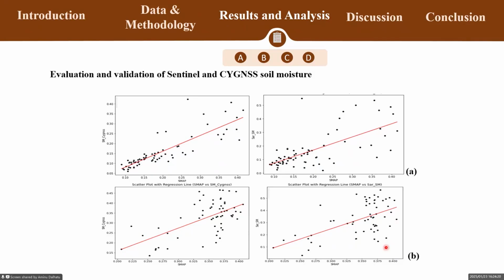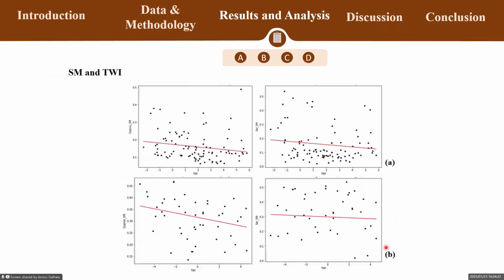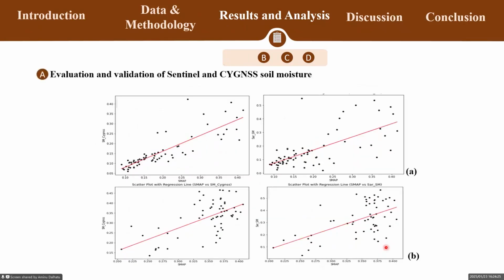For the China region, we registered values of 0.85 and 0.70 for SciGNSS and SAR respectively, and low p-values of 0.02 and 0.04, which underscore the statistical significance of these strong agreements between the different sources of soil moisture.